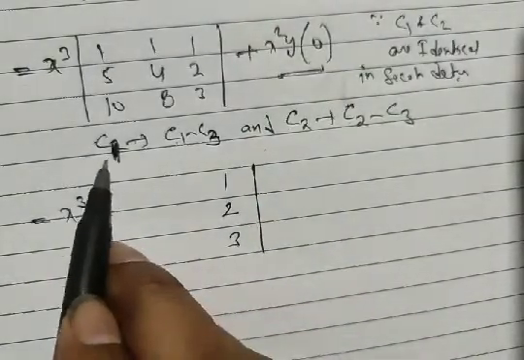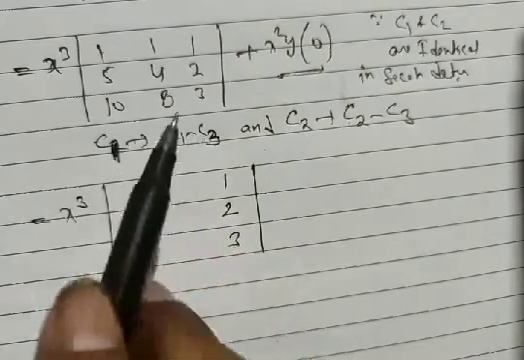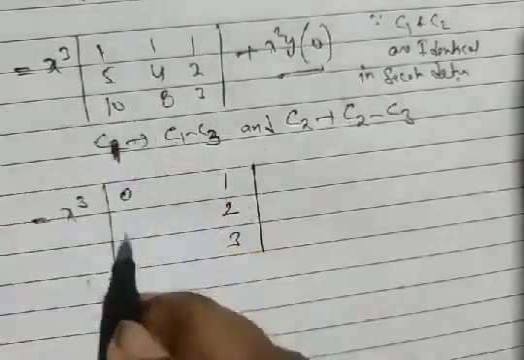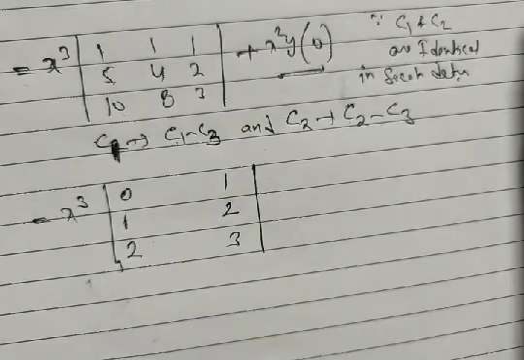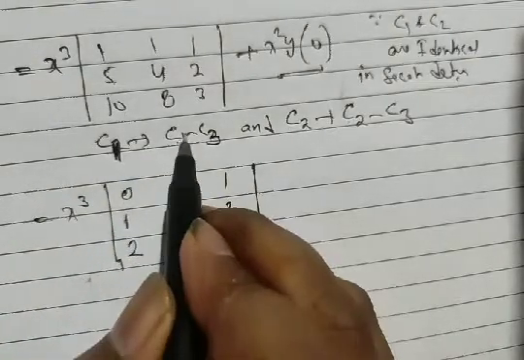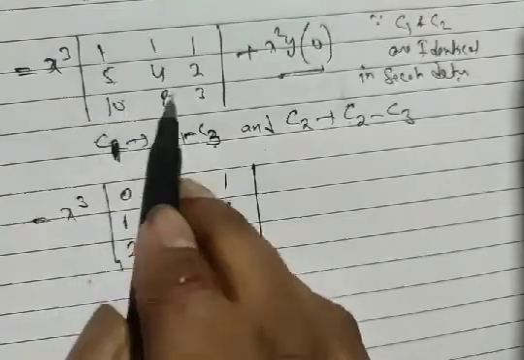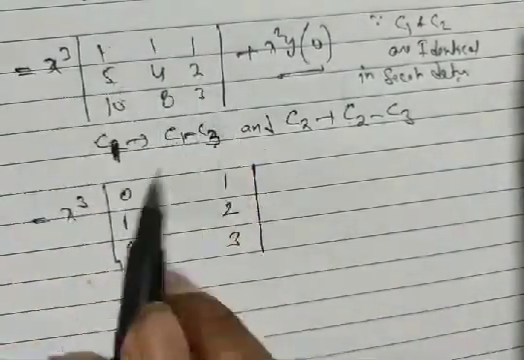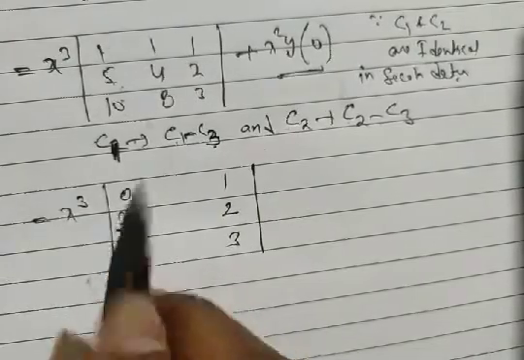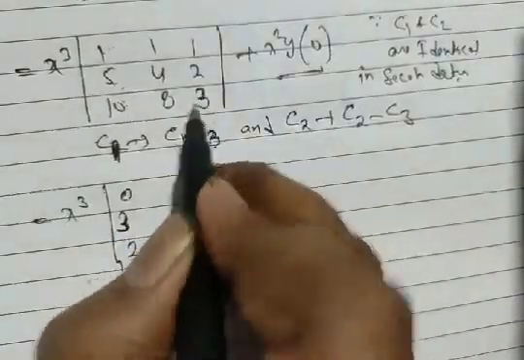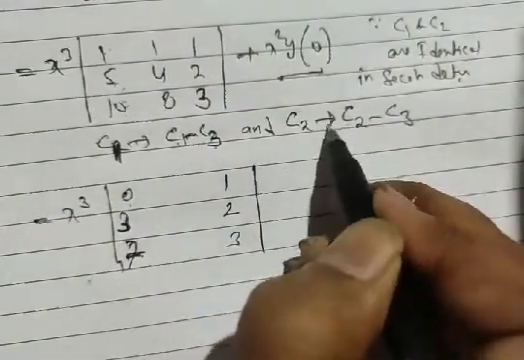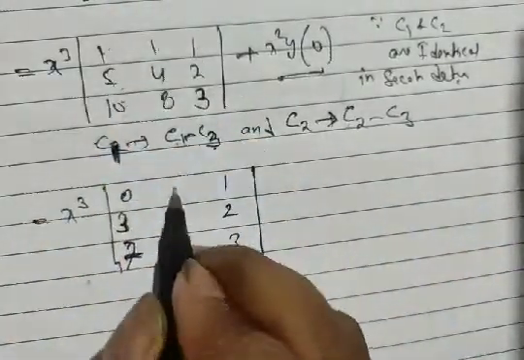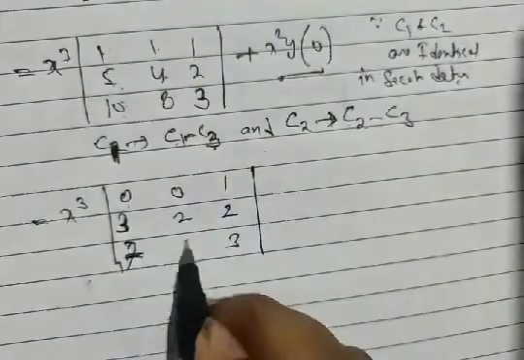Now here is the operation in C1: C1 minus C3. 1 minus 1 is 0, 5 minus 4 is 1, 10 minus 8 is 2. Now C2 changes to C2 minus C3: 1 minus 1 is 0, 4 minus 2 is 2, 8 minus 3 is 5. Now these two terms are 0.